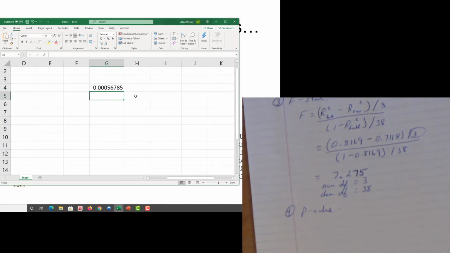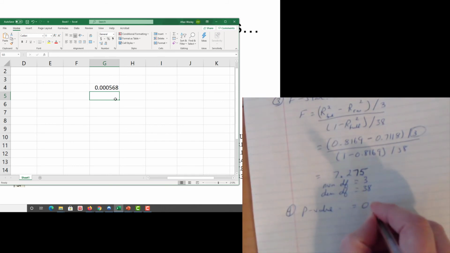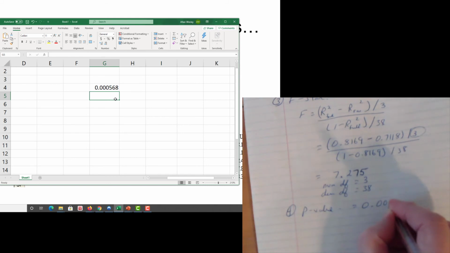Okay, so you want more decimal spots, just make the cell bigger. Don't want so much, make the cell smaller. You could also make the cell bigger and smaller over here as well. Okay, so roughly our p-value is equal to 0.0000568. Pretty doggone low, right?